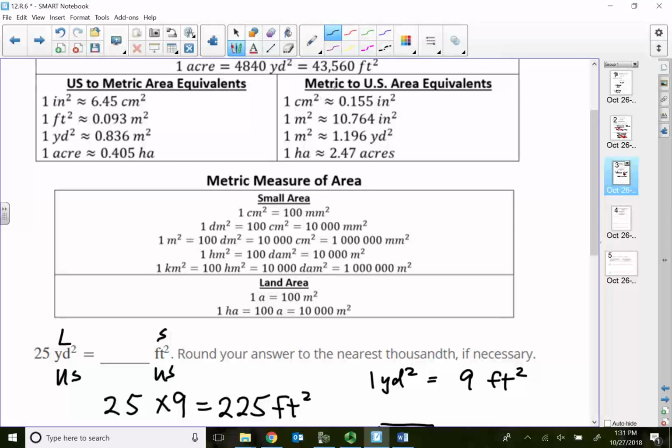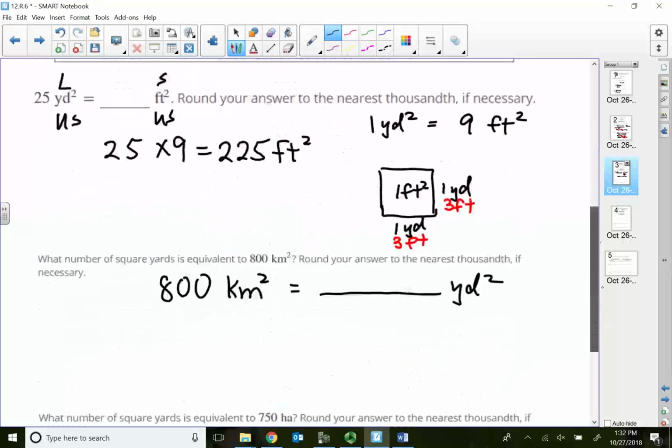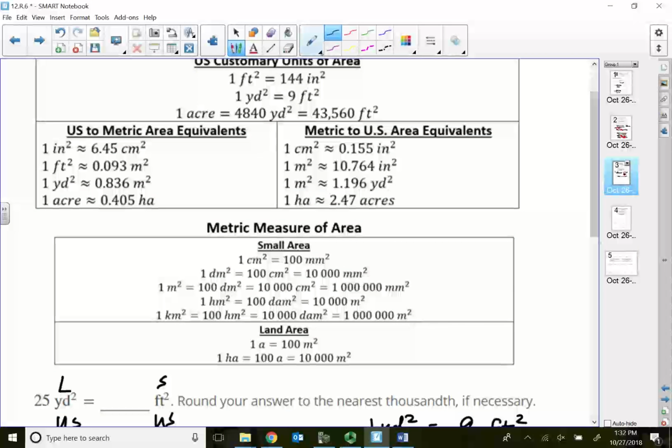All right, so right here on the right, I do not have anything regarding kilometer, but I know I need to end up with square yard. So what I got here is square meter to square yard. So the question is, can I take square kilometer to square meter?